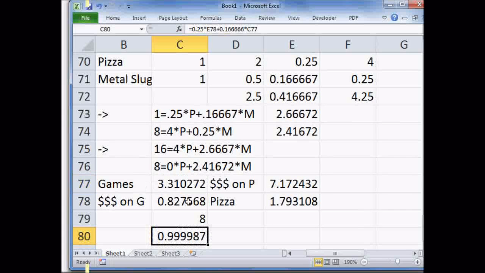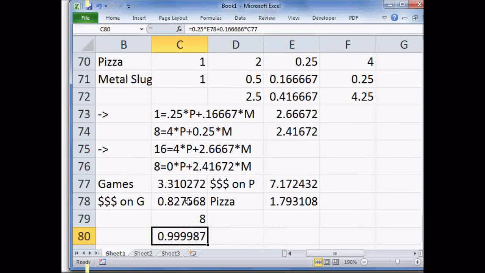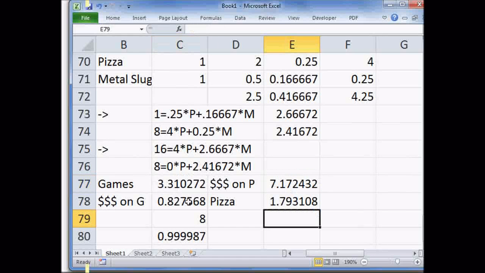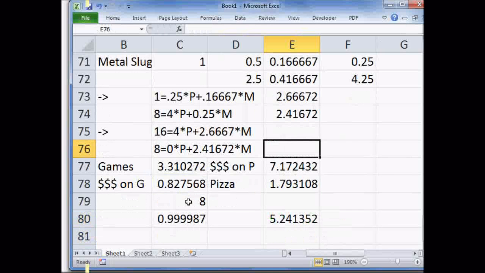So what remains now is to see whether doing this many of the two things gets me the best outcome or not. So I'm going to take this times 0.5, that's the number of utility points I get for playing games, and this times 2, that gets me my number of utility points right there.